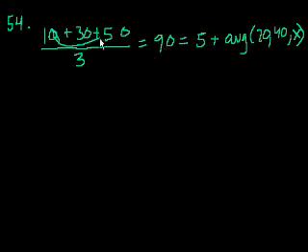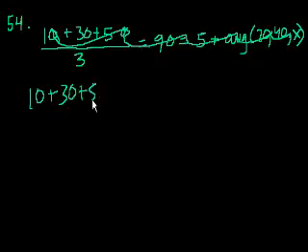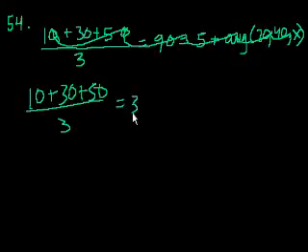I wrote this a little bit wrong, so let me redo this for you. They say the average of 10, 30, and 50, and we already figured out 10 plus 30 plus 50, divided by 3, 90 divided by 3 is equal to 30. And you actually didn't even have to do the math. You could have said, we'll have 30 in the middle, 50 is 20 more than 30, 10 is 20 less than 30, so the average is going to be 30. But this didn't take you much time. So the average is 30.